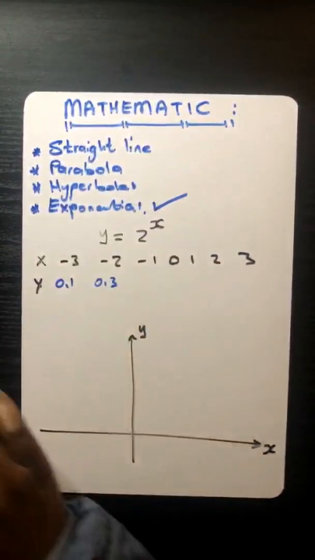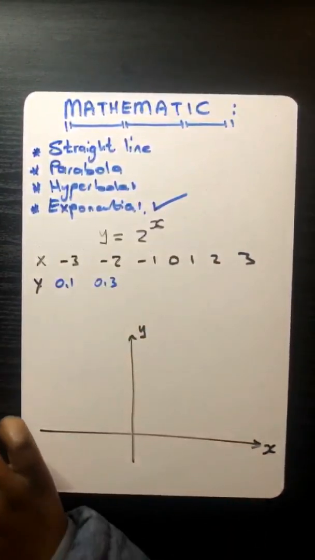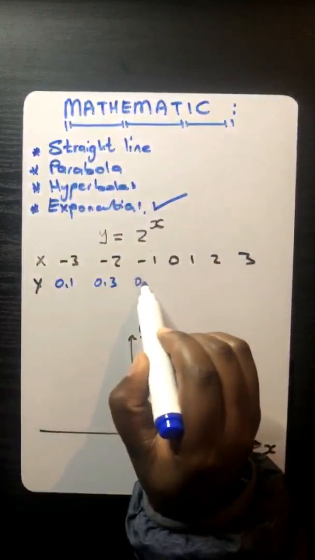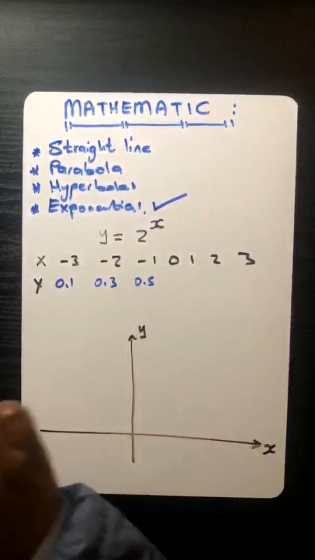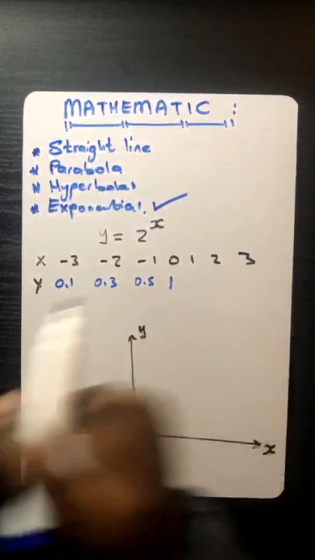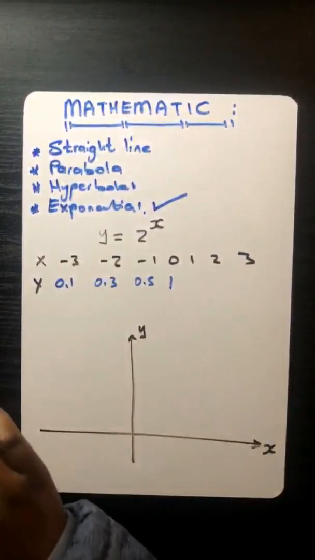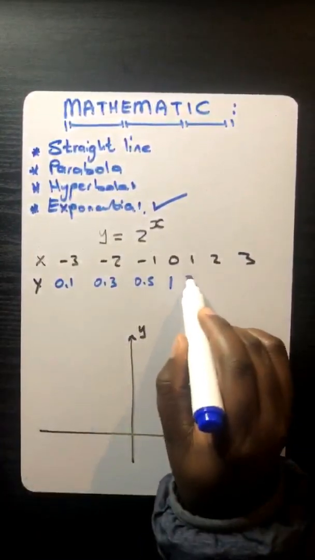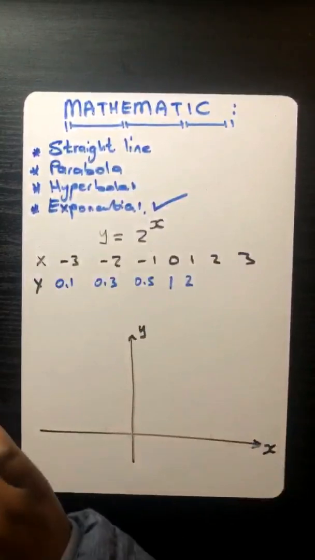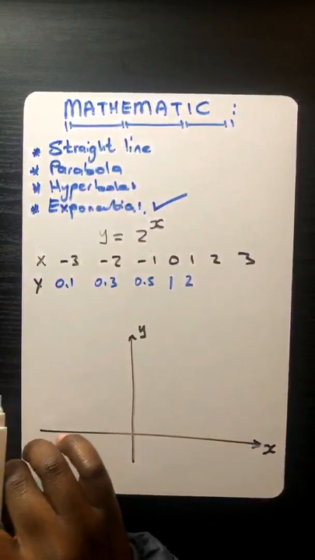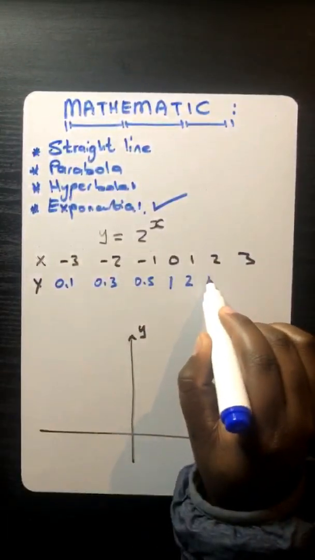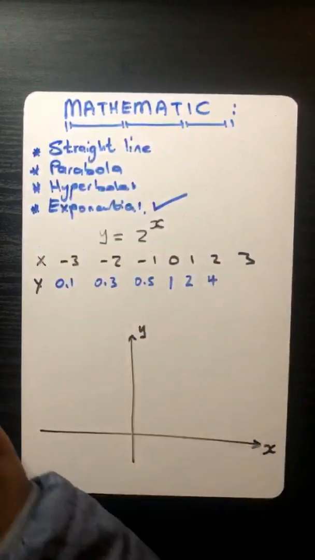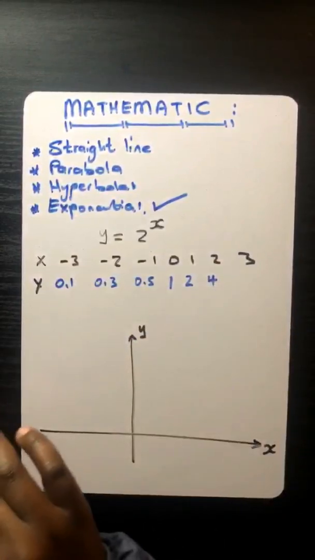It's 0,3. And then when it's -1, I'm having 0,5 there. And then when it's 0, I know I'm going to get 1. And then when it's 1, I'm getting 2. And then I know when it's 2, I'm going to get 4. Yes, 2 squared is 4. When it's 3, I think I'm going to get 8.